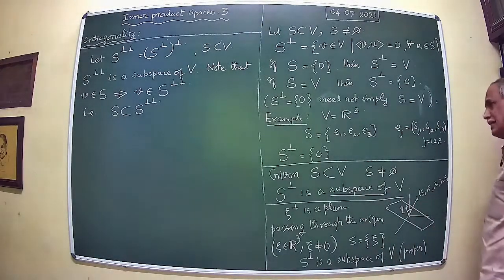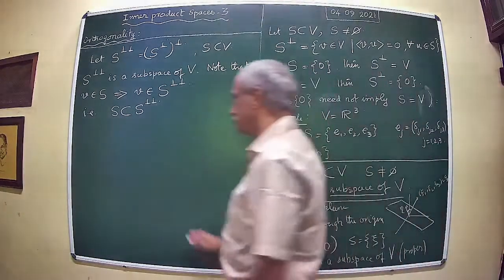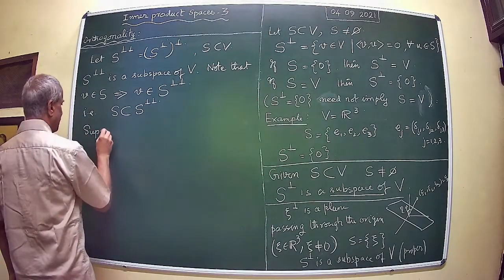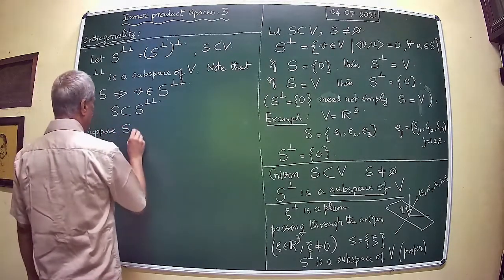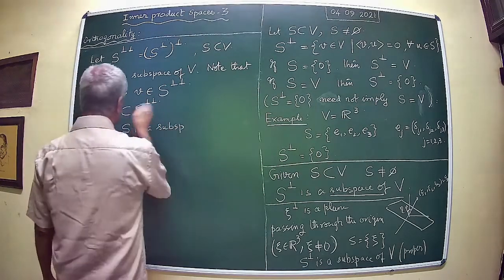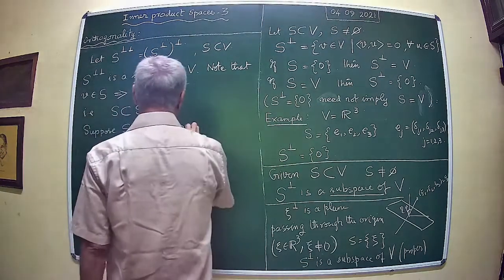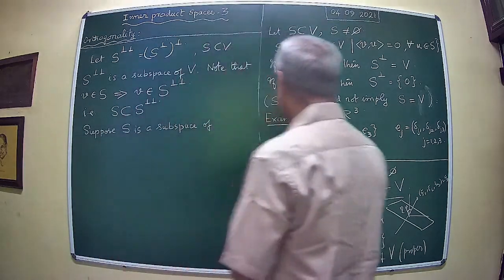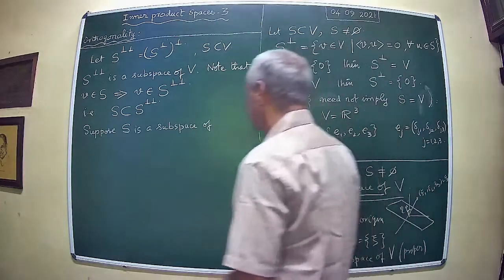Now you ask the natural question, suppose... this is a consequence of symmetry, symmetry of that relation of orthogonality.